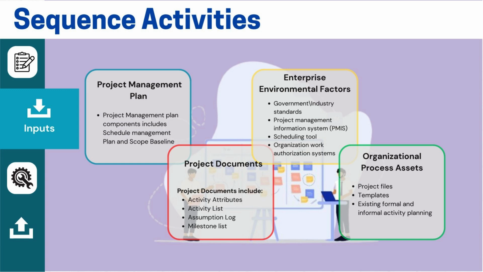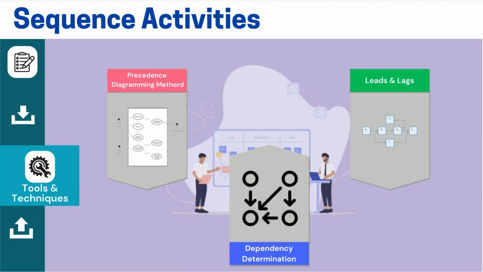Enterprise environmental factors, EEF, can also be useful, including project management tools like Clarity or Workbench for scheduling. Organizational work authorization systems help identify who will work on which tasks. Templates for sequencing activities can also be helpful, along with access to previous project files, which provide valuable insights. For sequencing activities, one of the most important techniques is the precedence diagramming method.